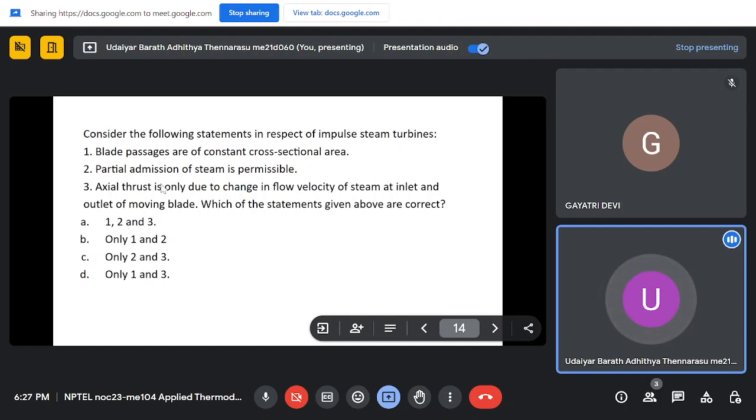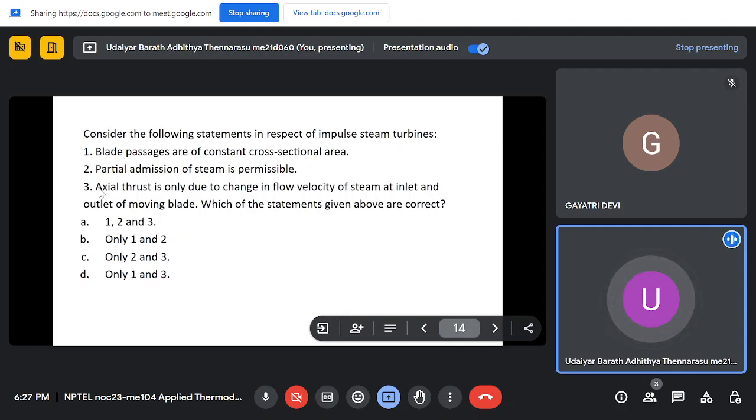So blade passages of constant cross-sectional area. In an impulse turbine, the passage between the blades will be of constant cross-sectional area. So the first one is true. Second is partial admission of steam is permissible. This is also true. This is not true in case of a reaction turbine.